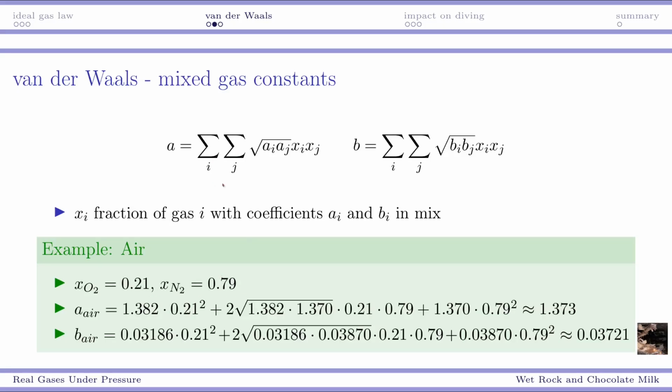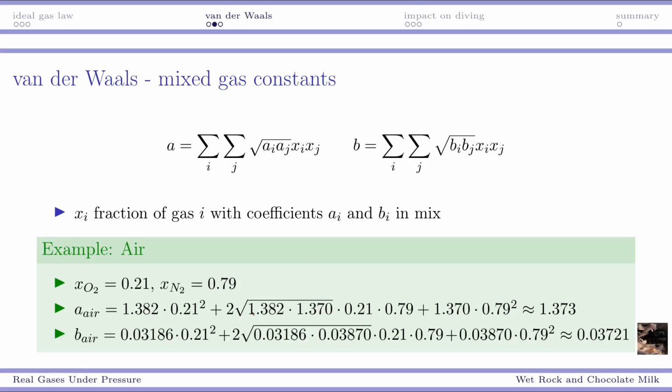So we'll take this double sum where we start with the two oxygen indices, so that is the A for oxygen multiplied by the A for oxygen, so A for oxygen squared. Take the square root, so it's just the A for oxygen, times the fraction 0.21 squared. Then we have two terms where we have the A for oxygen and the A for nitrogen.